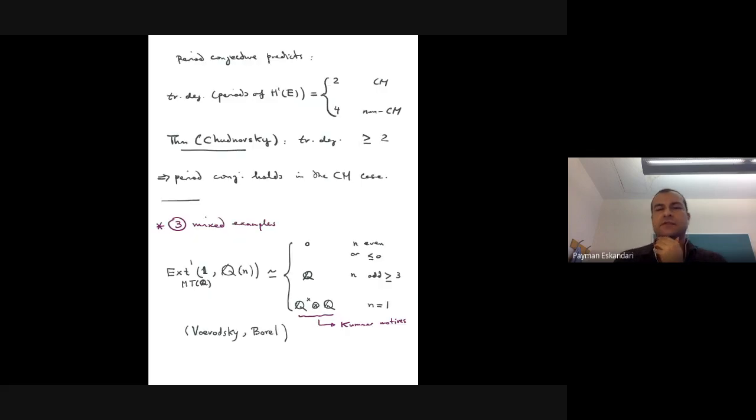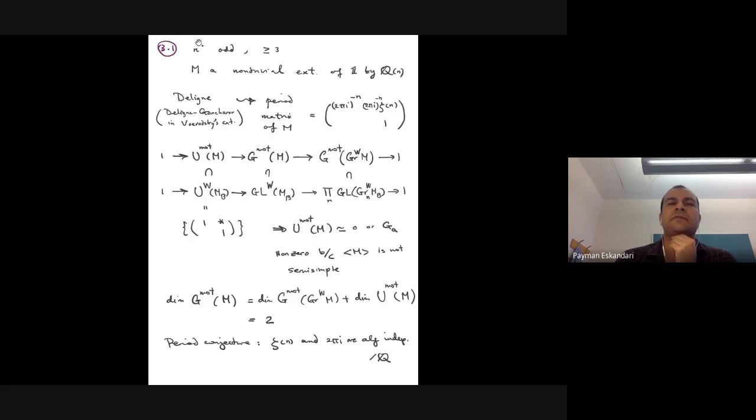Okay, so there were two interesting cases: n odd and greater than or equal to 3, or n equal to 1. Let's look at n being odd and greater than or equal to 3. The Ext group in this case was one-dimensional, and if M is a non-trivial extension of 1 by Q(n), by Deligne and Goncharov, one knows that, with respect to appropriate bases, the period matrix of this M looks like this.